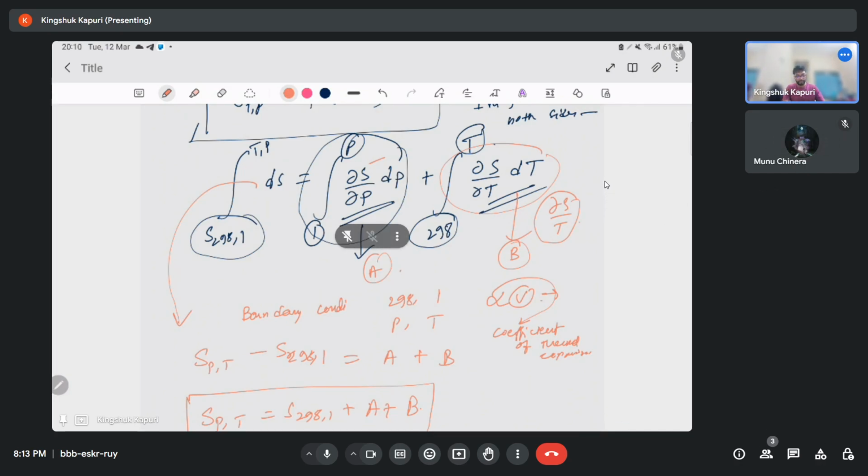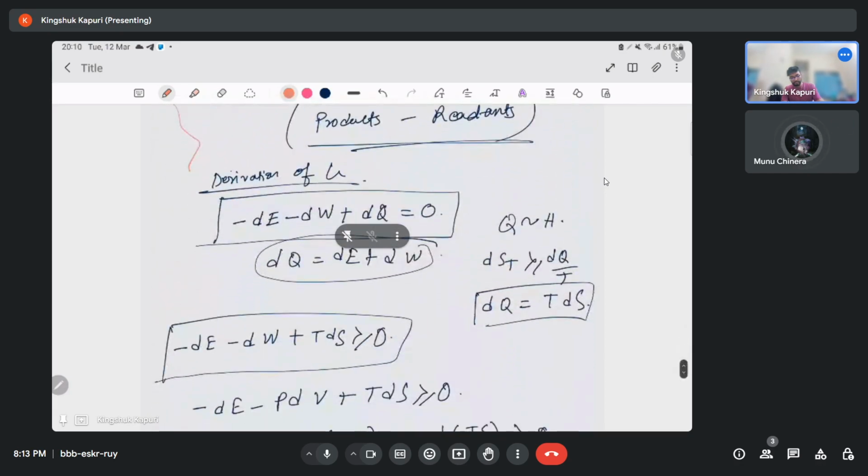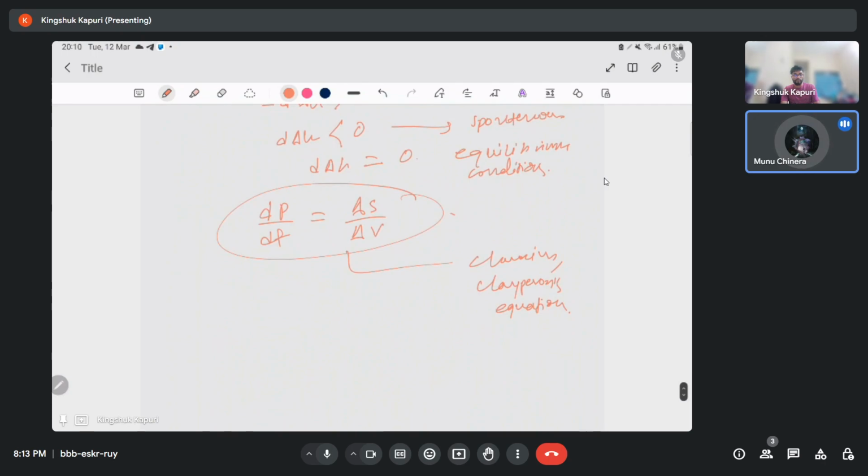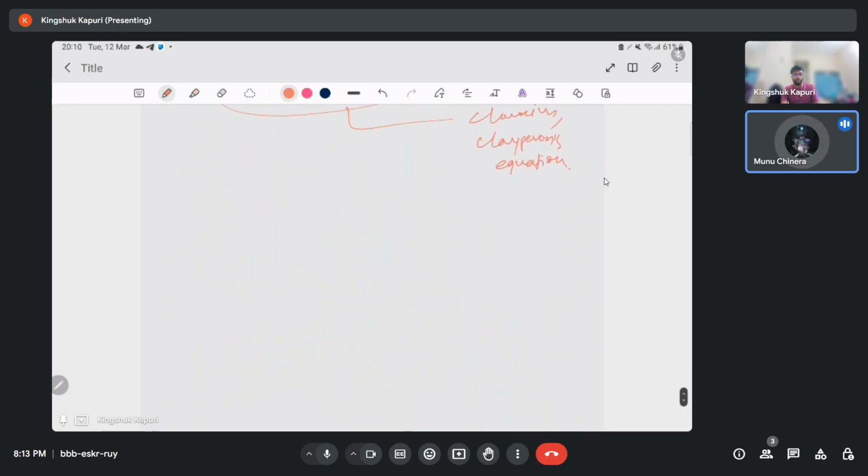Sir, which book should we follow for entropy and thermodynamics, JD Winter or some other book? For the basic part you can read JD Winter, and if you want to go a little more advanced, you can follow the Philpotts book.